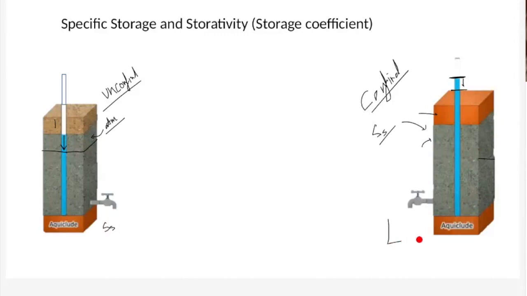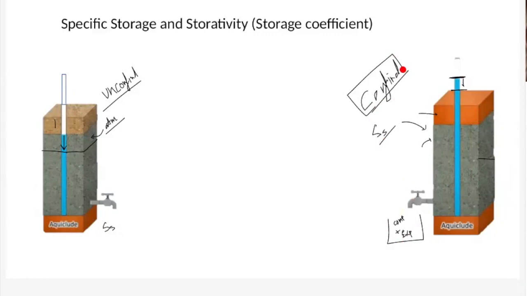Then the water that is released will have two contributions. One coming directly from compaction of the aquifer, and another from the expansion of water. Two things are happening: compaction of the aquifer and expansion of water. These two will contribute to the specific storage of a confined aquifer.